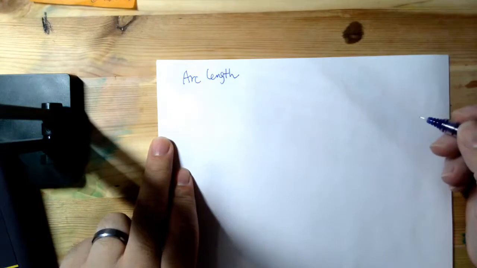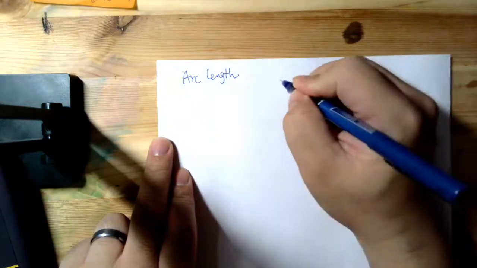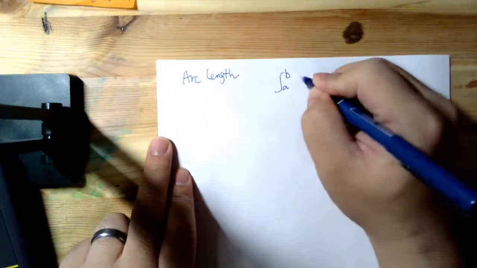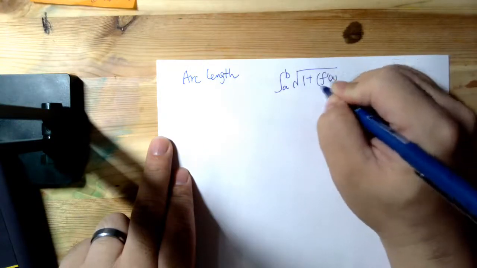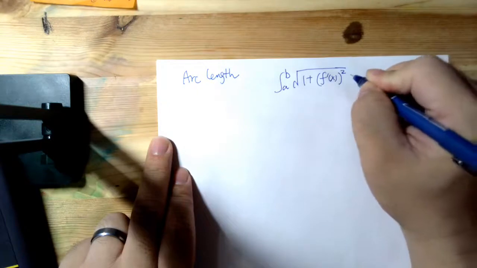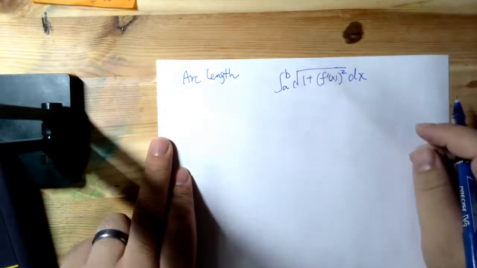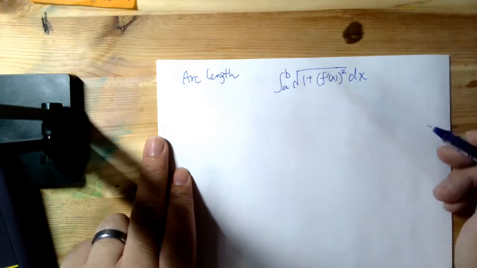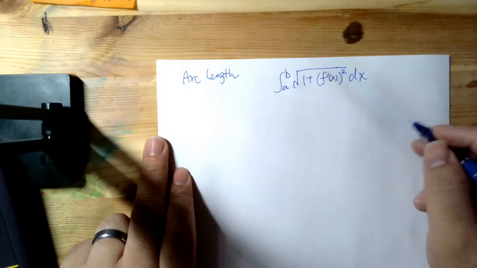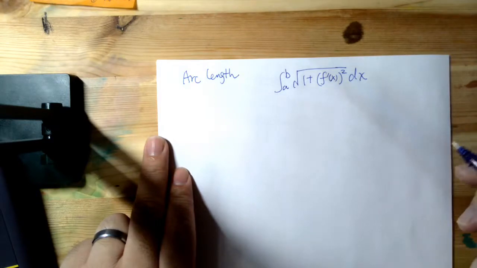So as another reminder, the arc length formula is the integral from a to b of the square root of 1 plus the derivative of the given function, squared, dx. Occasionally the problem gives you x in terms of y and asks you from y equals 1 to y equals 4, something like that.